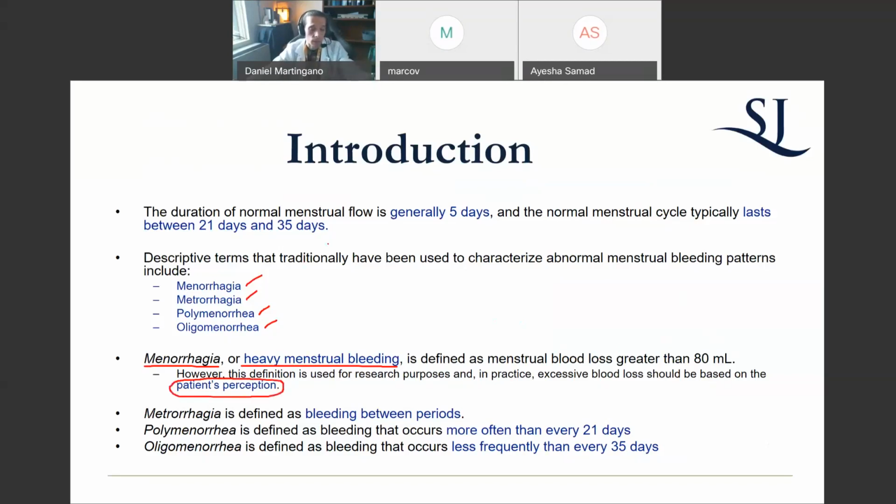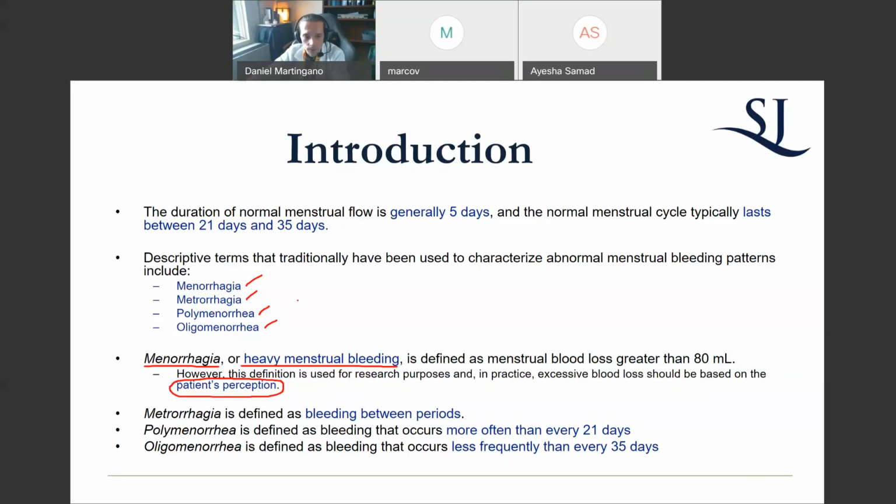Objectively, by this definition, a woman may have heavy periods, but that's normal for her. If she presents to you and says, hey, look, my periods have been heavy, that might mean that her baseline has changed. So a change in patient status or baseline in reference to the menstrual period is very important. This is always something to keep in mind.